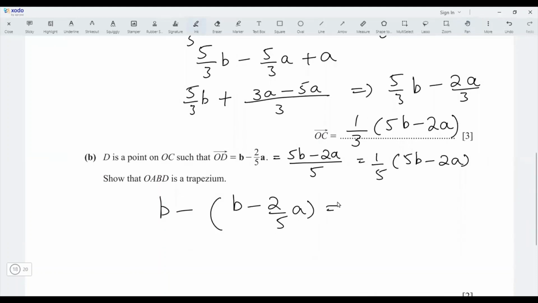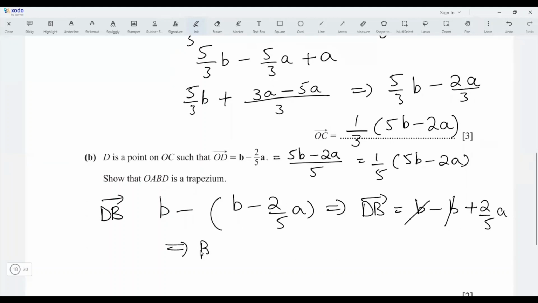By opening the brackets, I'm simplifying for the DB vector. So DB vector must equal b minus b, and then it will be positive 2 by 5 a. b and b will be cut, and you can see clearly DB is written as a multiple of a.